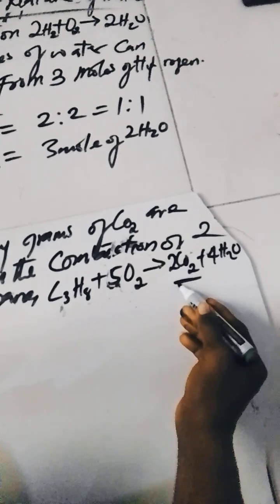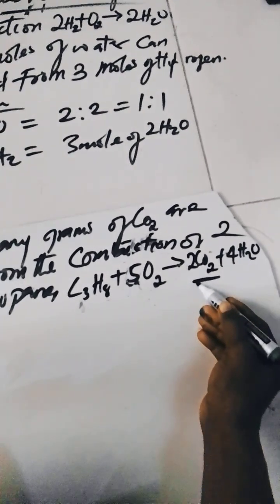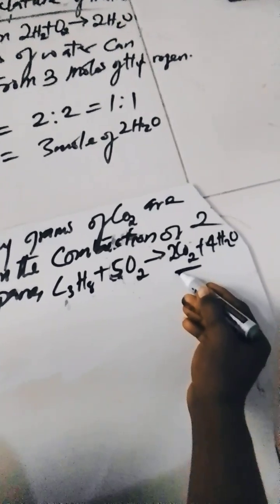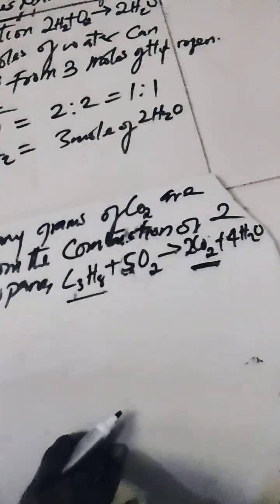Now let's see. If you observe it very well, you will get carbon dioxide here, in what ratio to propane? So we are reacting this against this, and let's see how it goes.